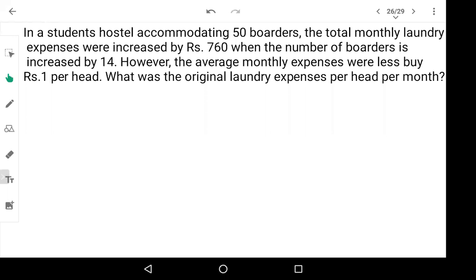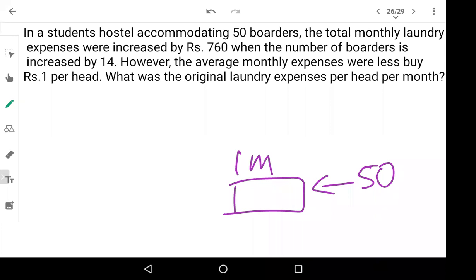So there were 50 people in the hostel before. Overall there were 50 people, and for these 50 people, for 1 month, they were paying some amount. Now, suddenly out of nowhere, the bill got raised by 760.